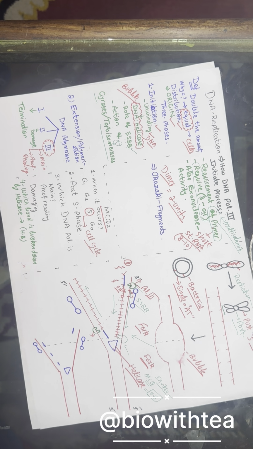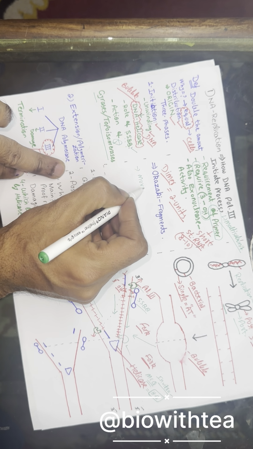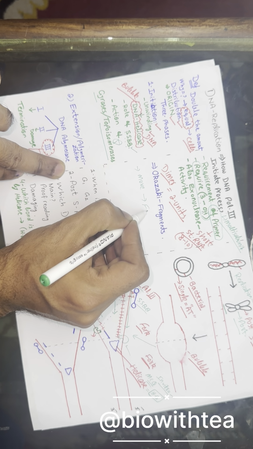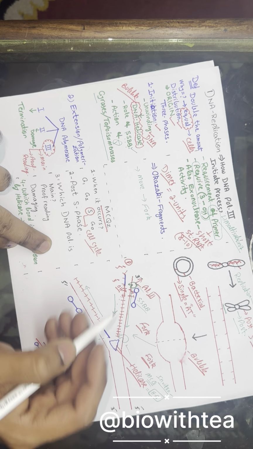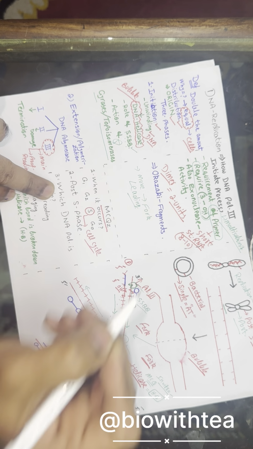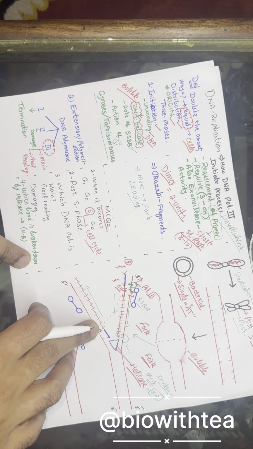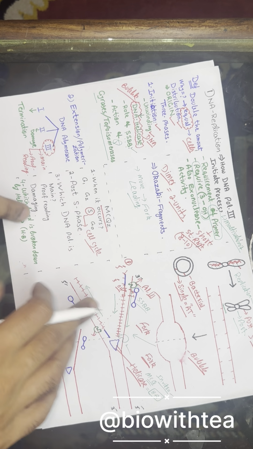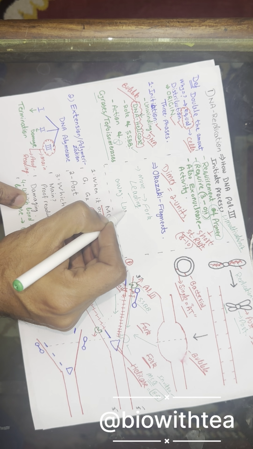Now students, there are 2 terms. The replication which moves towards the replication fork, that newly formed strand is called the leading strand, while the strand which was made away from the replication fork is called the lagging strand.